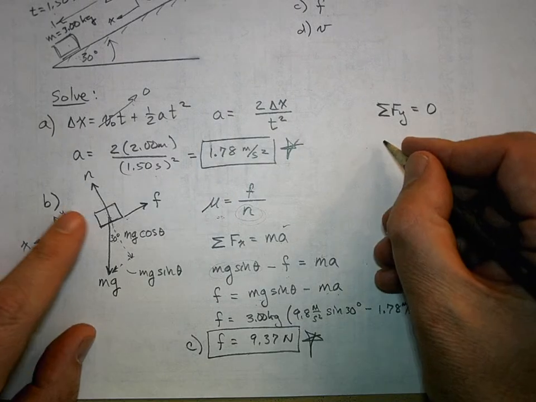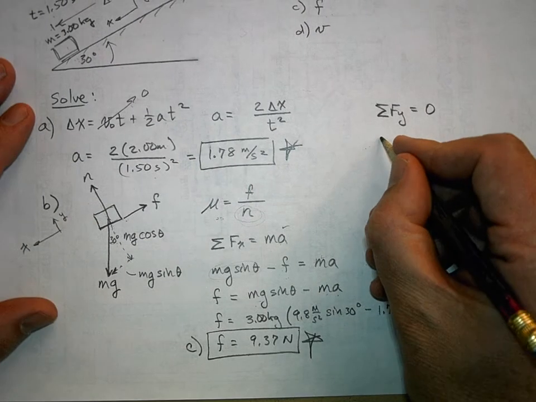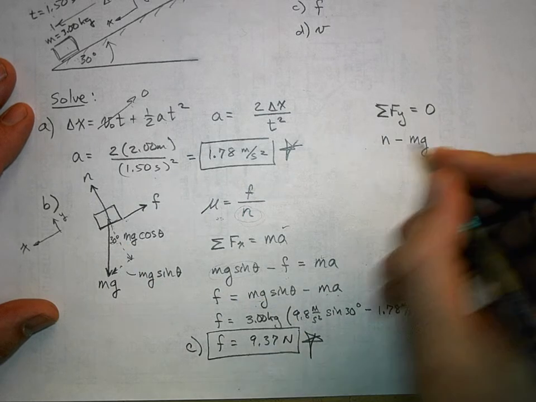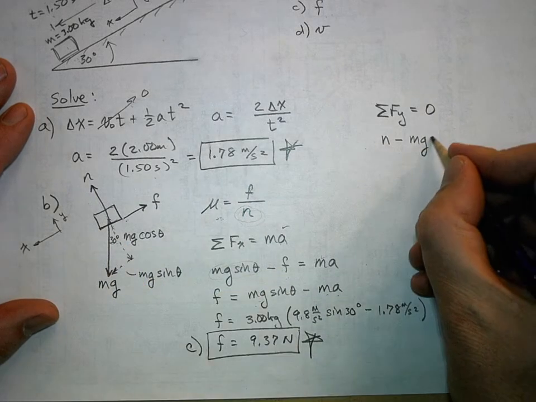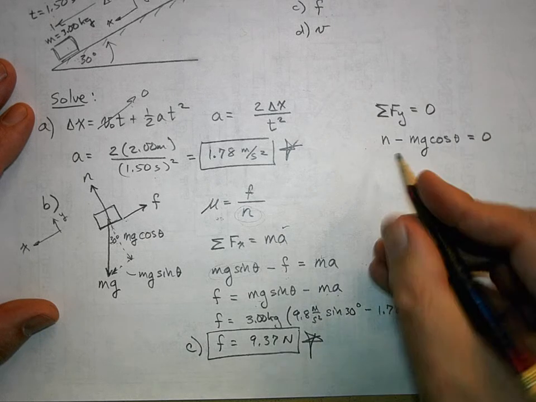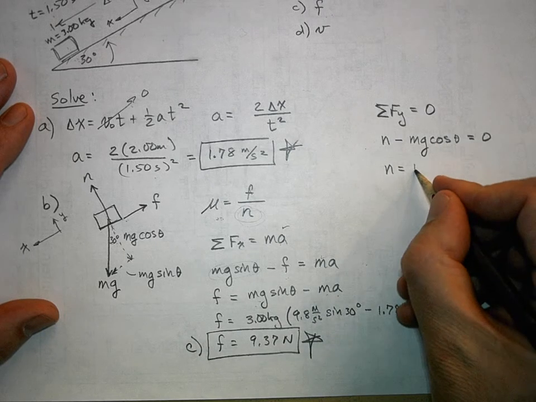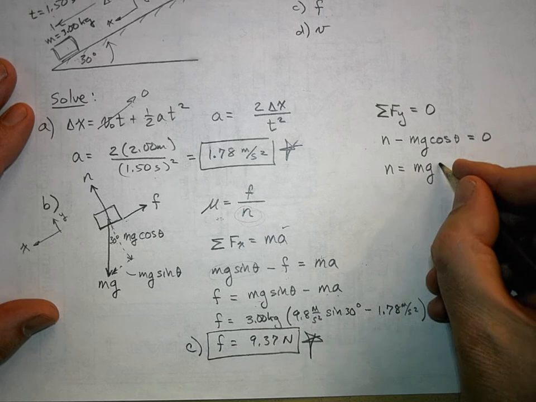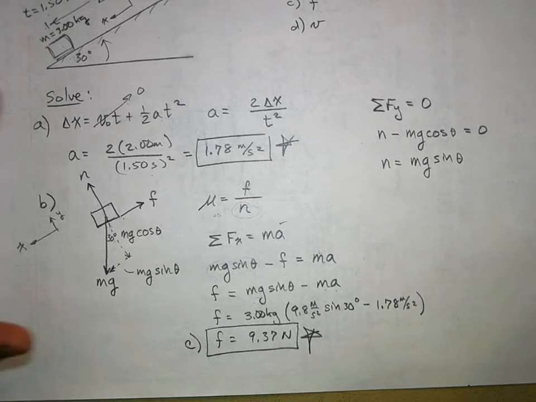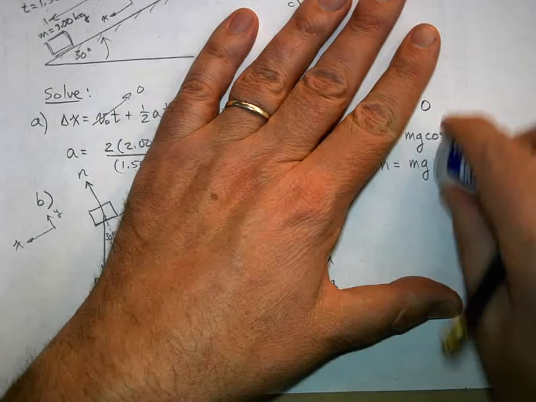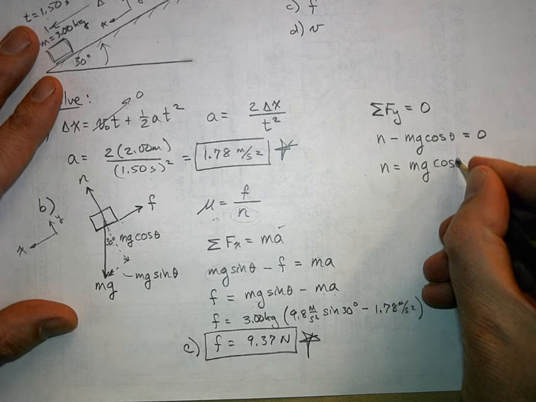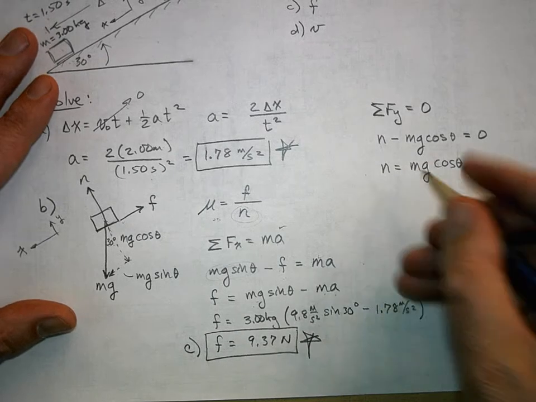So in the positive y direction, I've got the normal force minus this force, mg cosine theta, and those are the only forces, and so we get the normal force is equal to mg cosine theta.